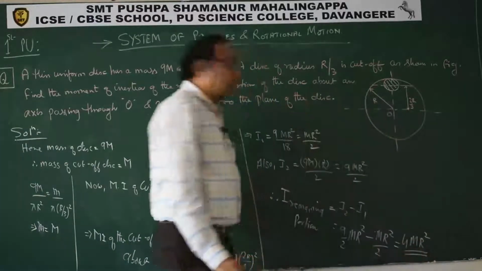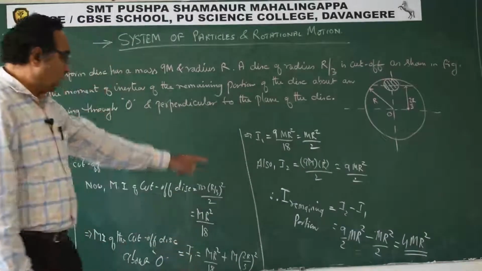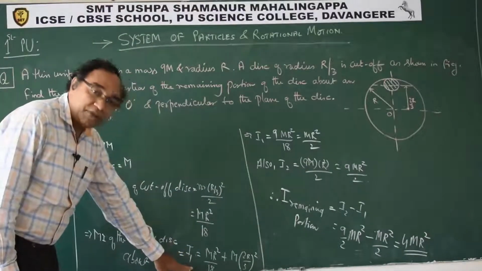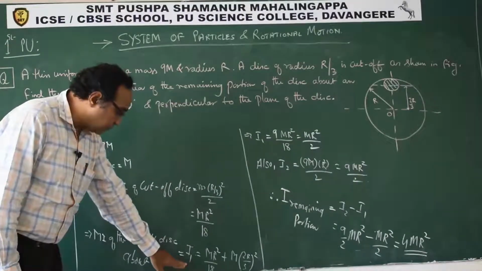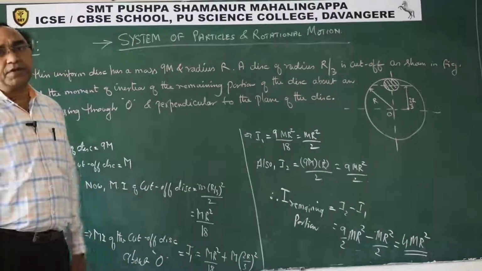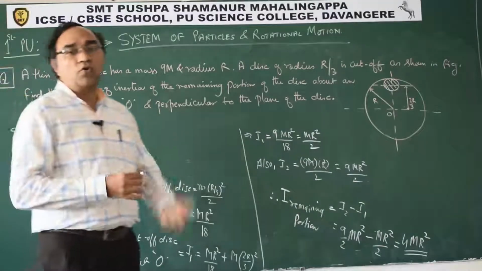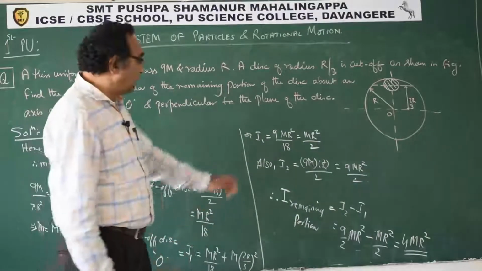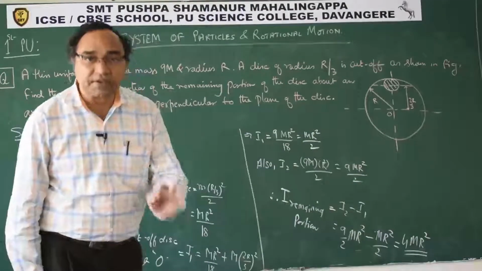That is exactly how we can find the moment of inertia of the remaining portion. So students, please be careful when you are solving such steps. Such silly mistakes sometimes happen when we are solving in flow. So try to control that and simplify as fast as possible.